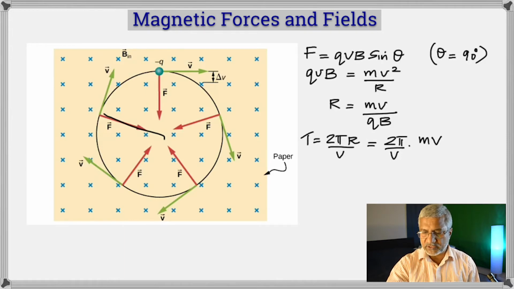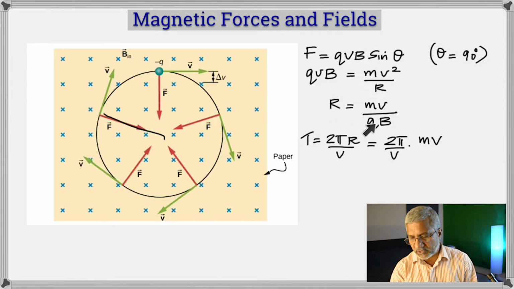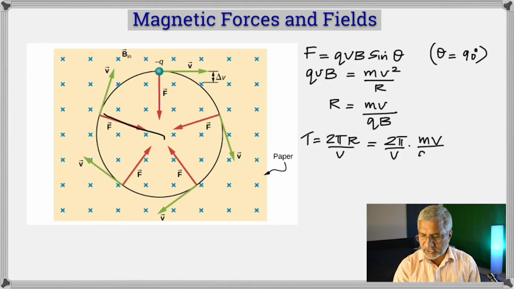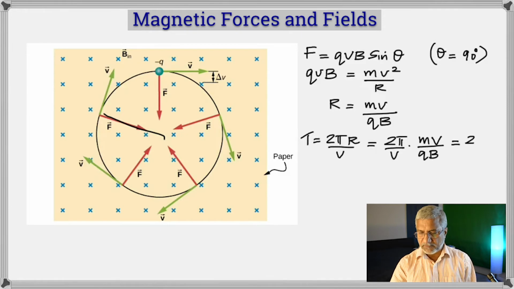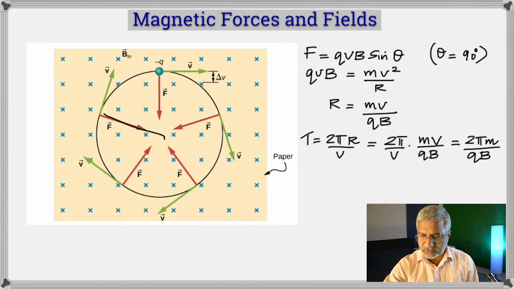If you substitute for the radius, you see the radius is mv by qB either way. Then the velocity will cancel out and you would get 2 pi m by qB.